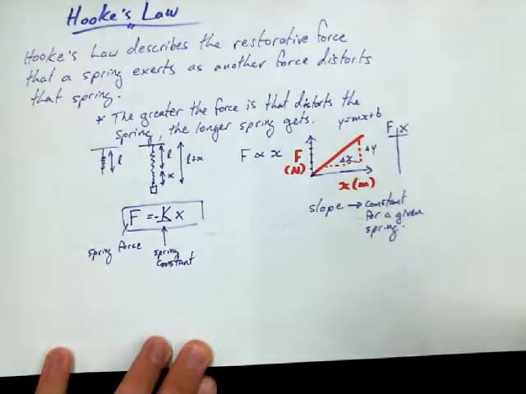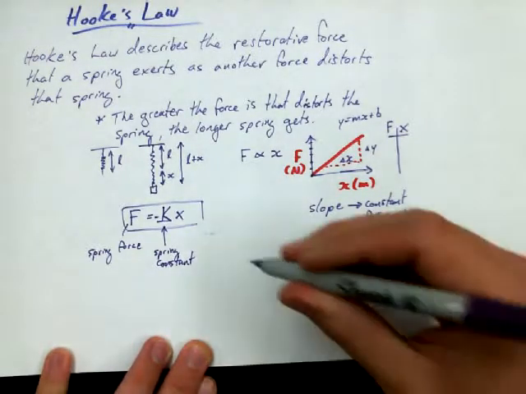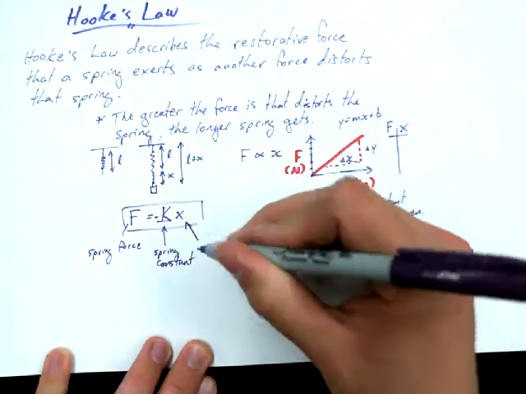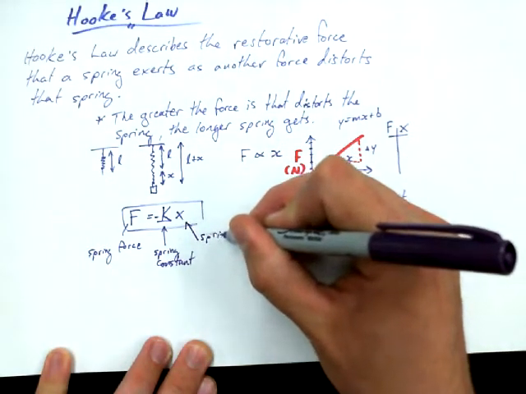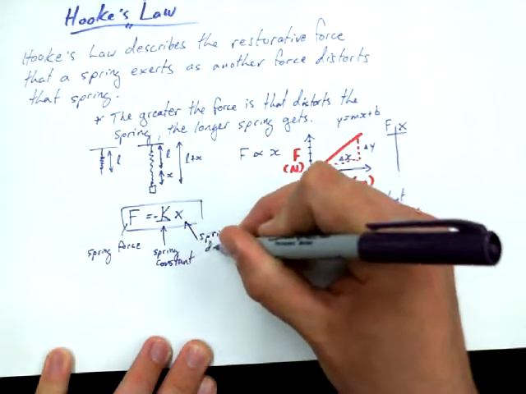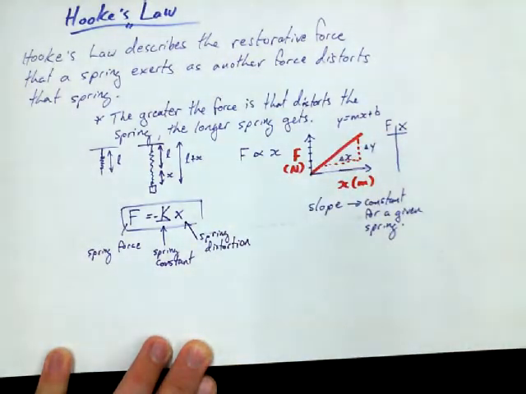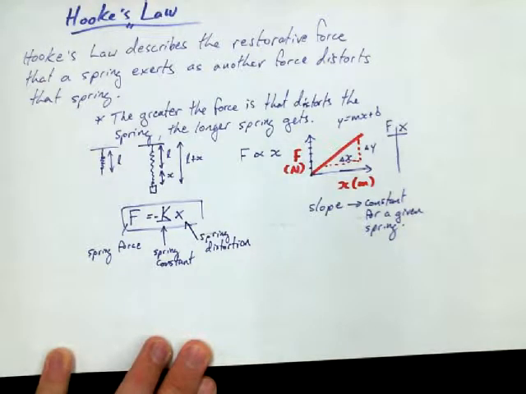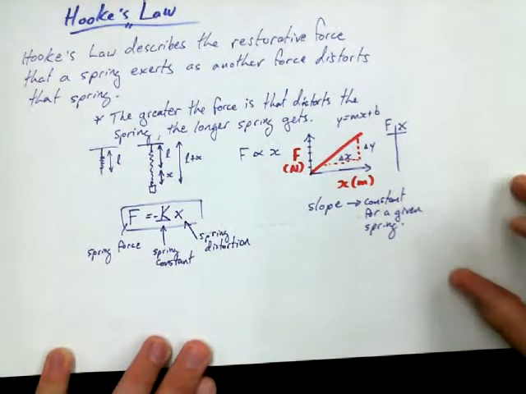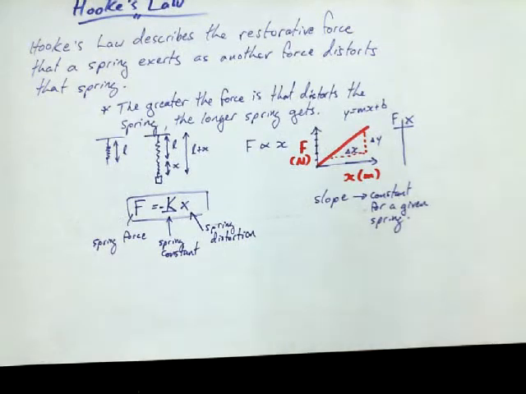If I make a graph like this, every ideal spring, and X is the spring distortion. Or we could say extension, but I'm going to say distortion, because if it was a compression spring, it would still be a distortion. This happens to be an extension spring.